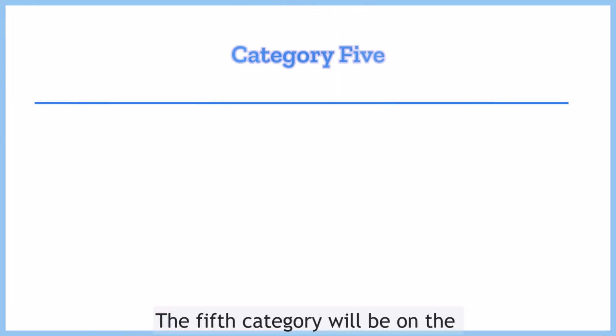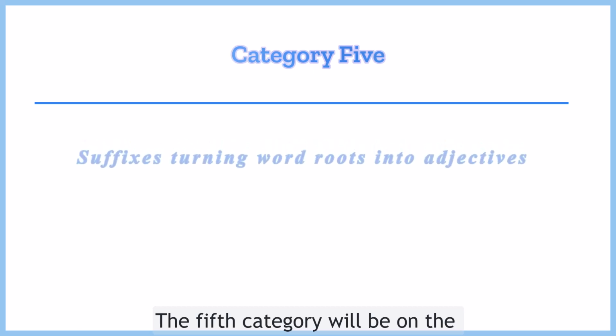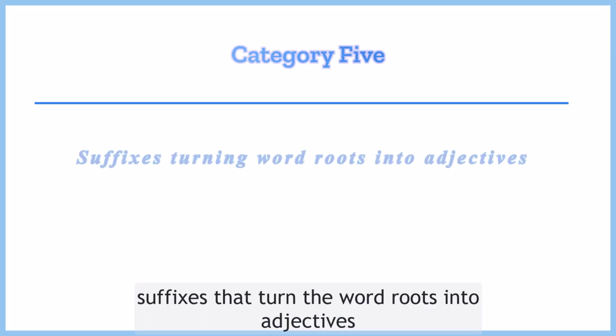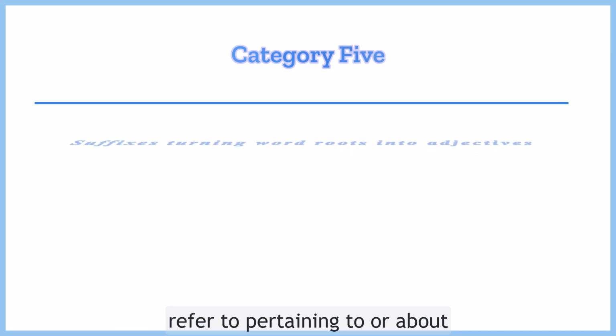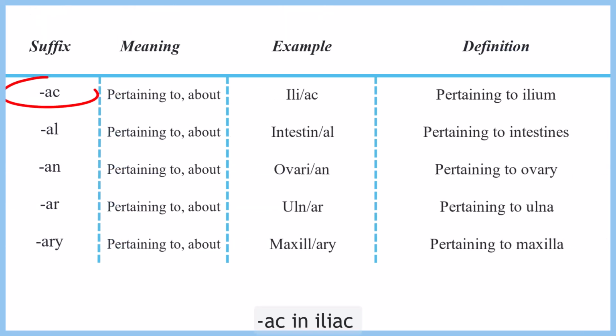The fifth category will be on the suffixes that turn the word roots into adjectives. All of these suffixes in this category refer to pertaining to or about. Ac in iliac means pertaining to ileum.